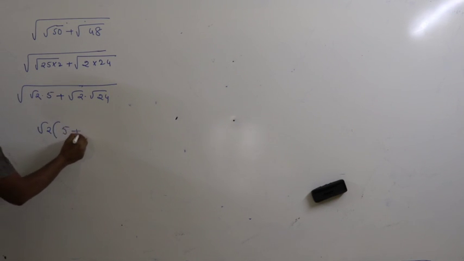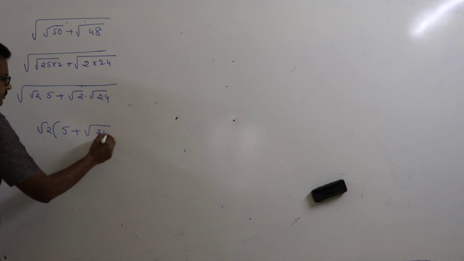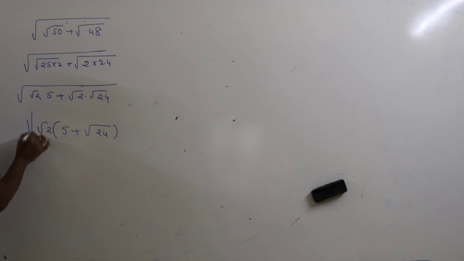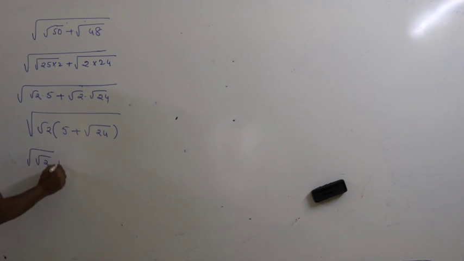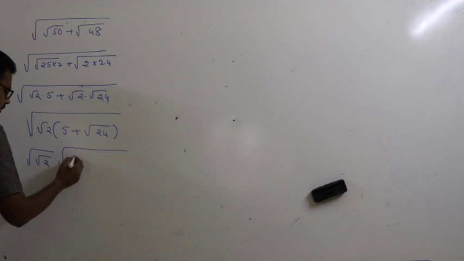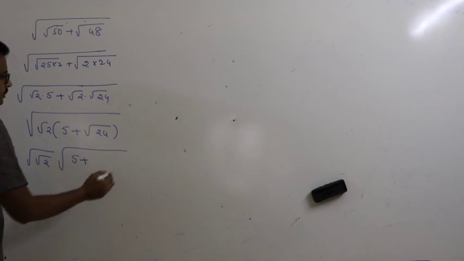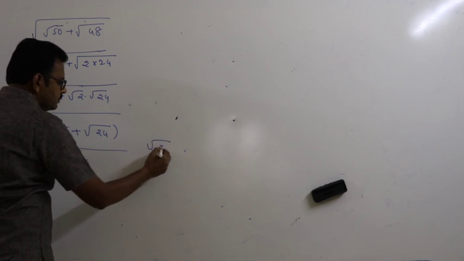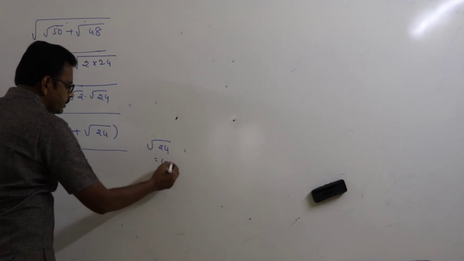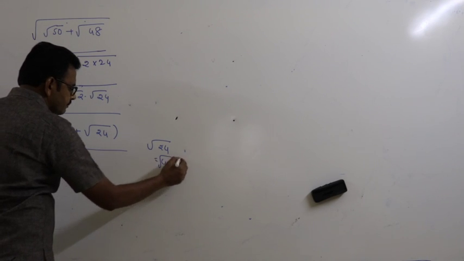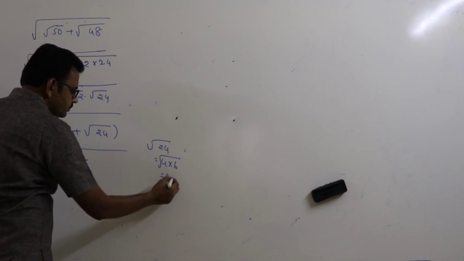Common root 2 into square root of 5 plus root 24. Root 2 into root of 5 plus root 24 is 4 into 6, that is root 4 is 2 root 6.